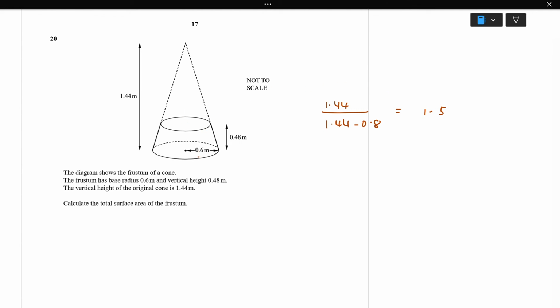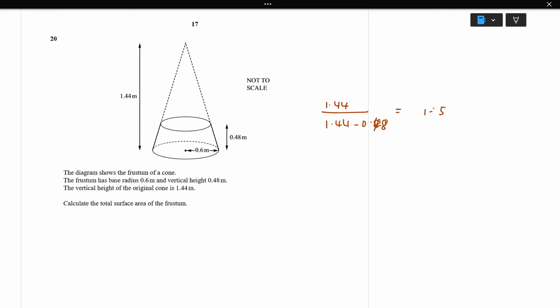Now this radius is 0.6. The scale factor is 1.44 divided by 1.44 minus 0.48, and the answer is 1.5. 1.5 is correct.